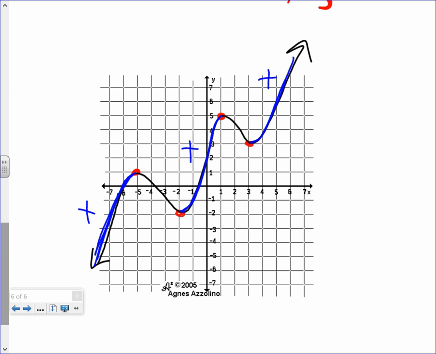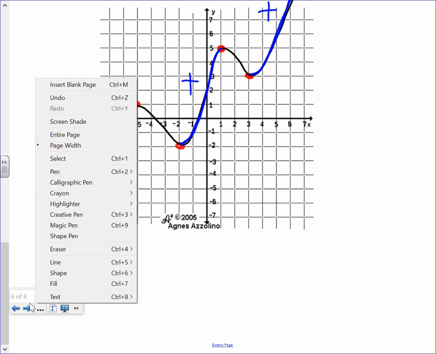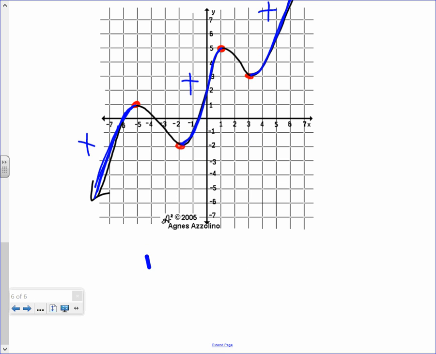Boom, boom. So let's describe the increase first. Okay, so all the x's here are going to be less than a number, namely -5. X is less than -5, comma.